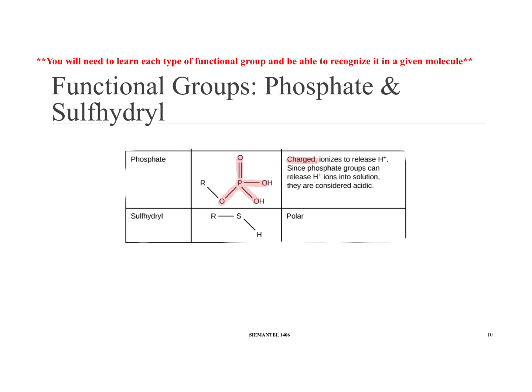Then next we have the sulfhydryl, and that is just a sulfur that's bonded to a hydrogen. These guys are polar, so they will form hydrogen bonds in water. They also have the ability to link to other sulfhydryl groups and form what's known as a disulfide linkage or a disulfide bridge.